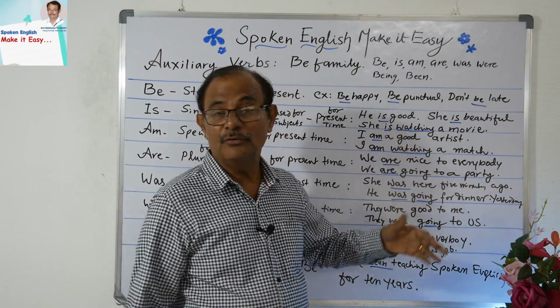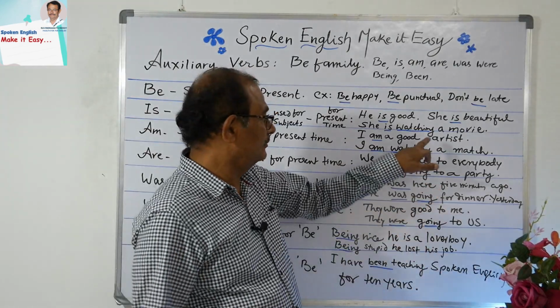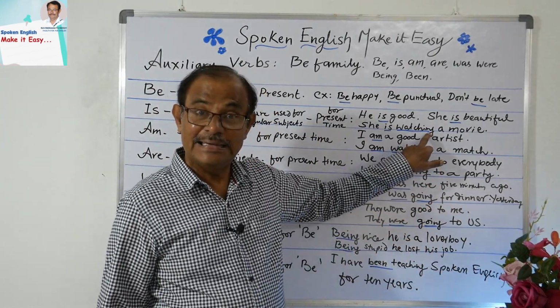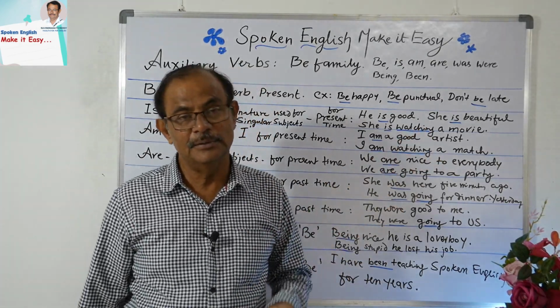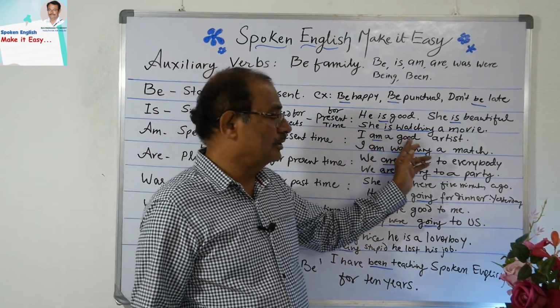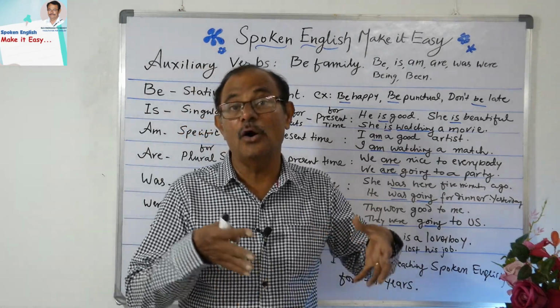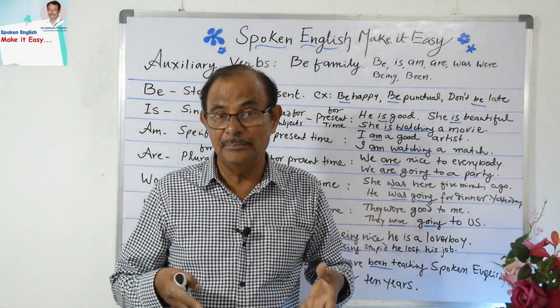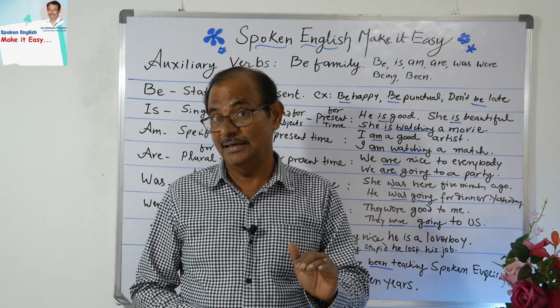So watching is V4, the present participle or progressive form of the verb. That's why you see the ing form, watching, ing is there. So that means it is a present participle or a progressive form. She is watching a movie. In this sentence, is is used as an auxiliary. It is helping V4, the present participle watching. Is it clear for you?